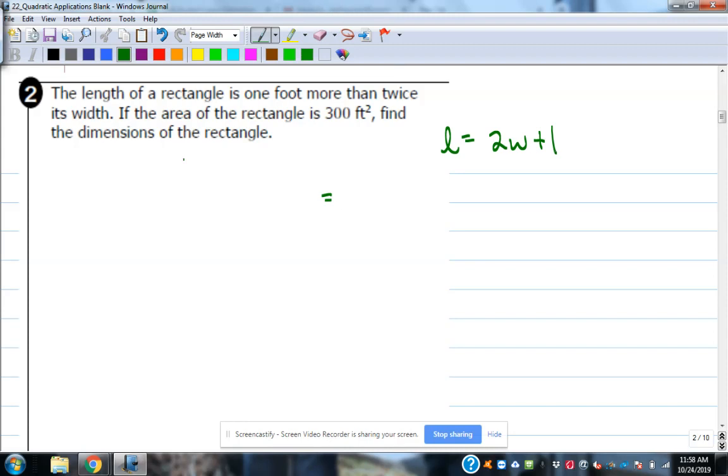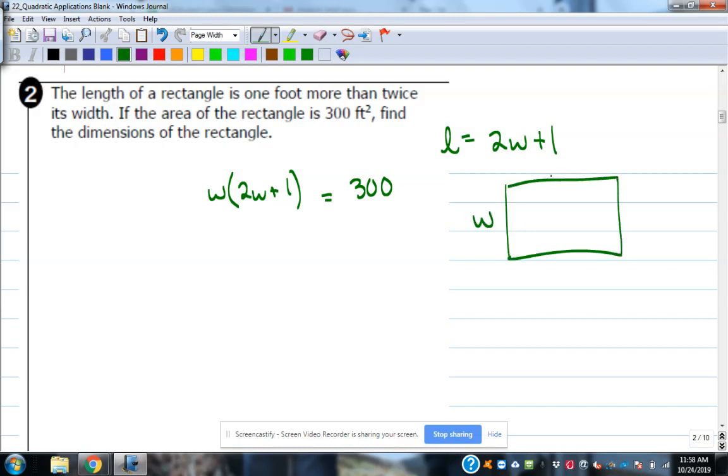And so when we set up our equation, what's the left side going to look like? Yeah, there you go. W times 2w plus 1. And that should be equal to 300 because we're dealing with a rectangle again. We don't know the width, but we know the length is 2w plus 1.